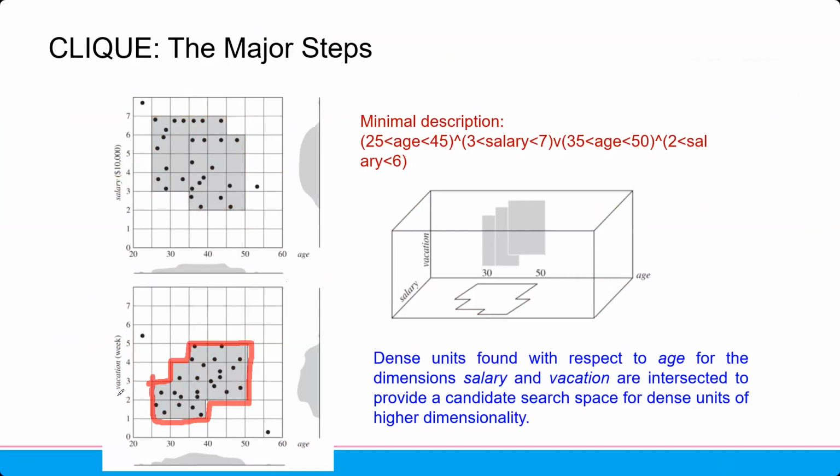With the vacation and age, we have this minimal description of cells. With the salary, we have this minimal description of cells. So we can combine. How to combine those? It means we can look at this one. The age is between 25 until 45, and the salary is between 3 until 7.